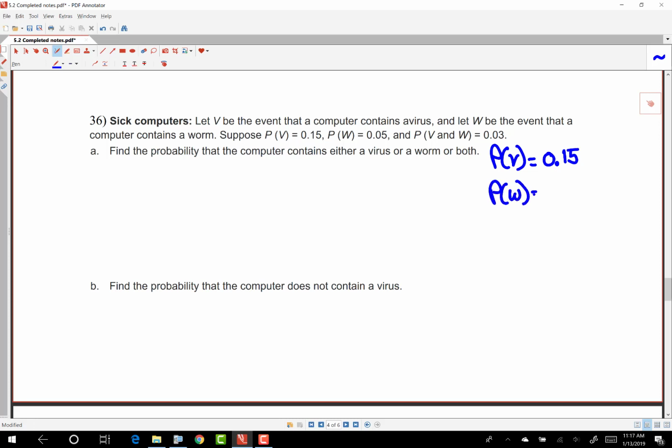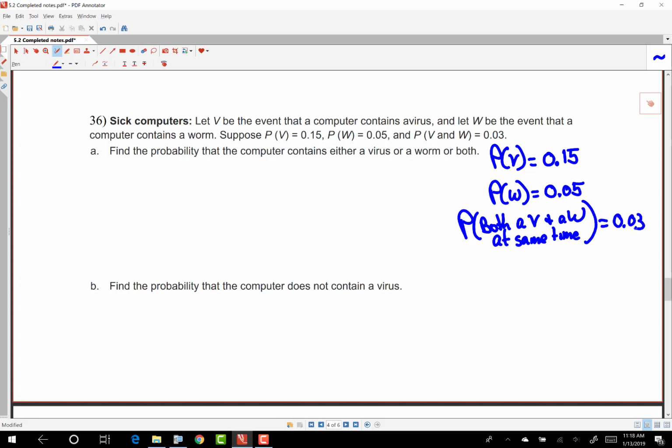And the probability of a worm is 0.05. And the probability that the computer has both a virus and a worm at the same time is 0.03.